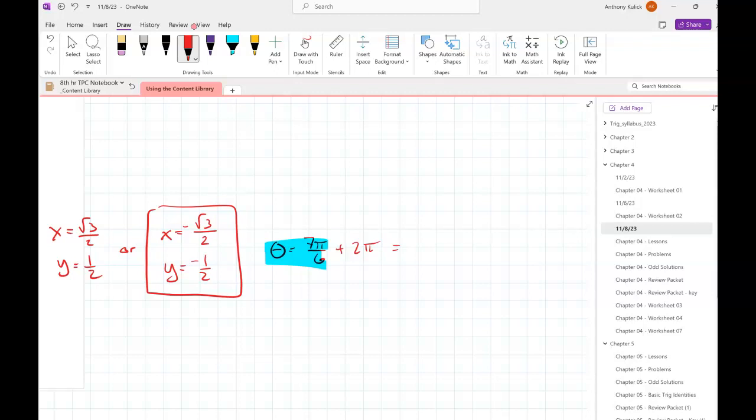To add these fractions, what do I have to have? A common denominator. What would that common denominator be? 6. So when I add 7 pi and 12 pi, I get 19 pi, and the denominator stays 6. That one is our answer.